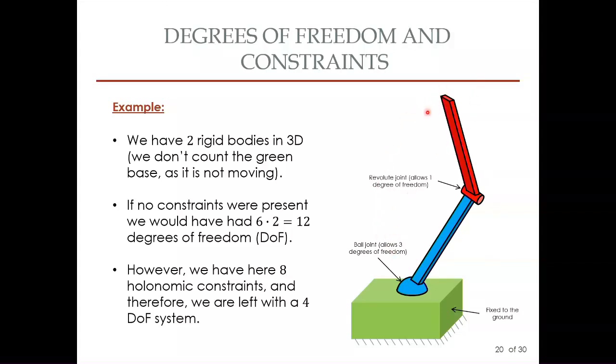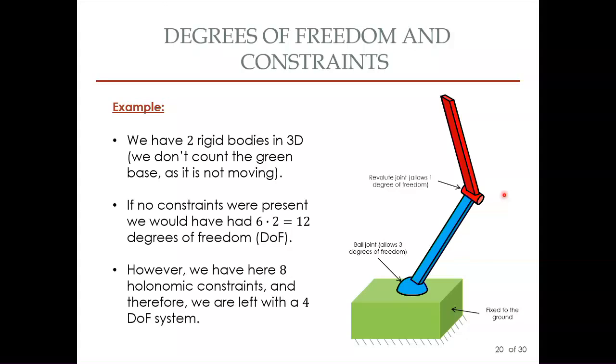So you don't constrain any of the links in that serial mechanism back to something else. Just one end is constrained. So I did 3 degrees of freedom here and 1 degree of freedom here, so in total 4.